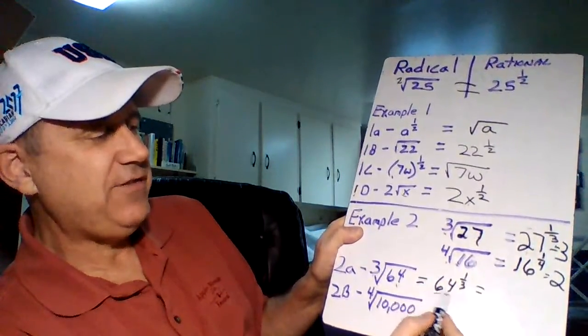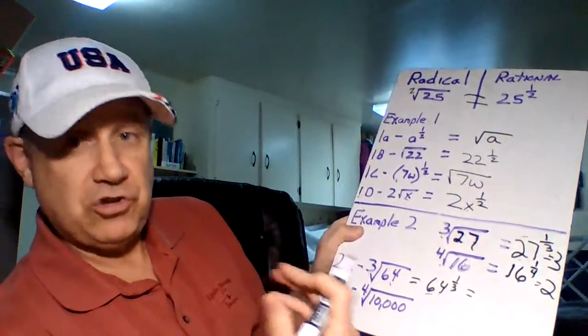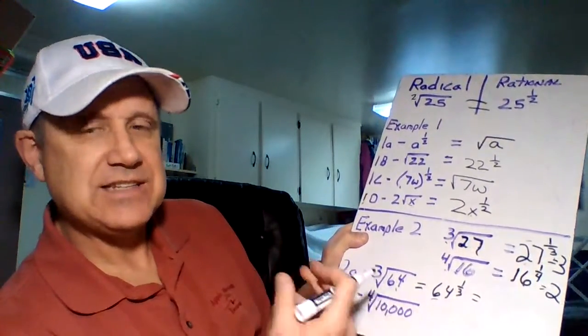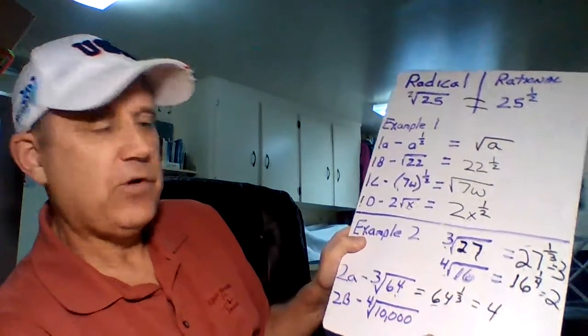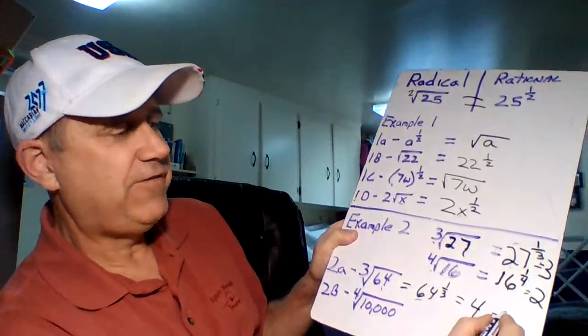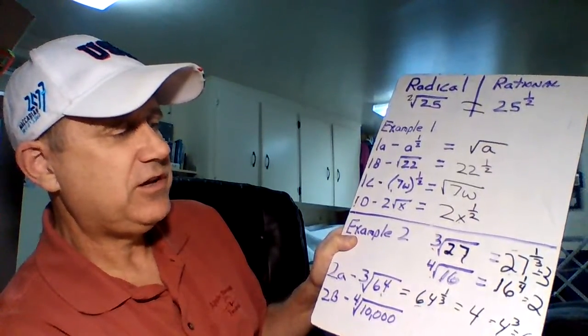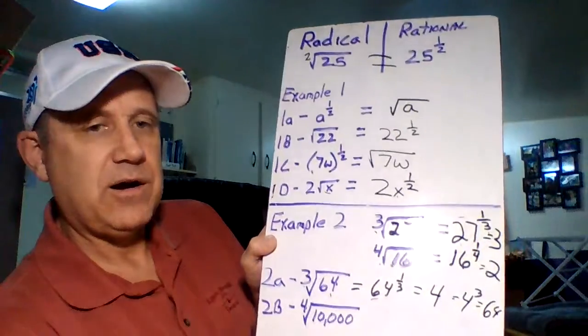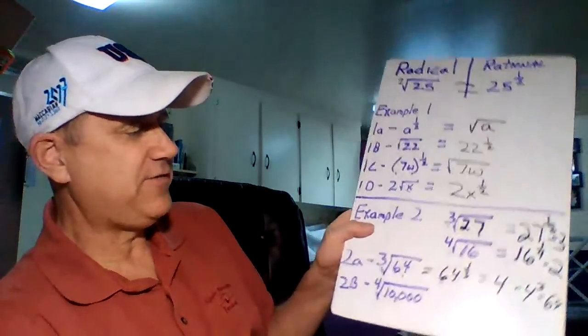Because this is even, we know that it's going to be 2, 4, 6, 8. And that ends up being 4, because 4 to the third power equals 64.